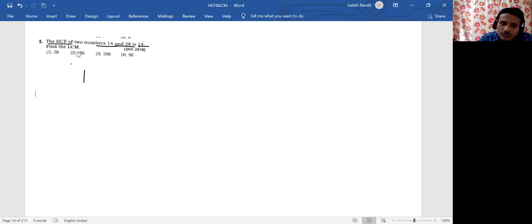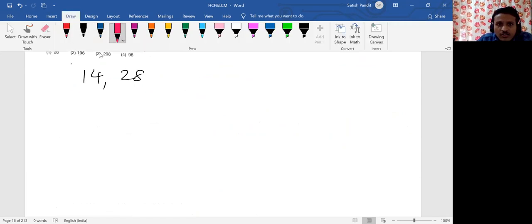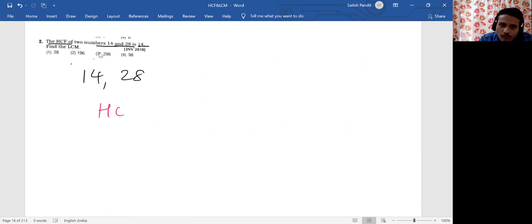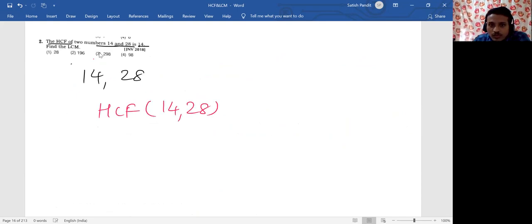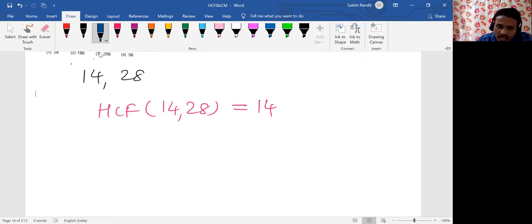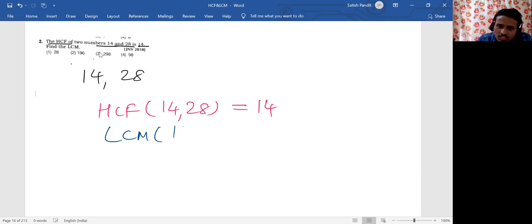So they have given 2 numbers, 14 and 28, and the HCF is nothing but 14. Find the LCM. We have to find the LCM of 14 and 28. This is the question now. How to find it?